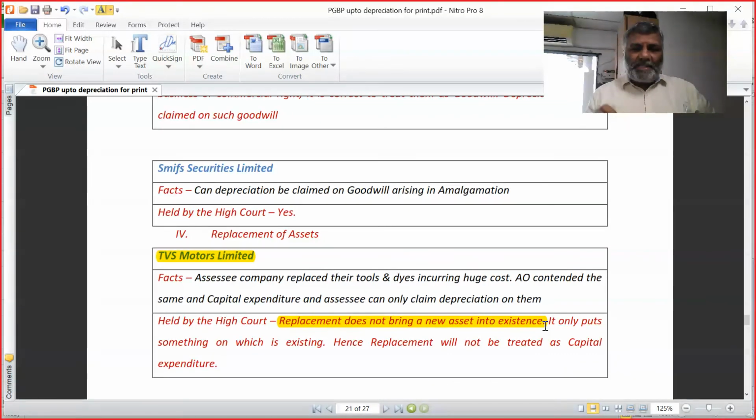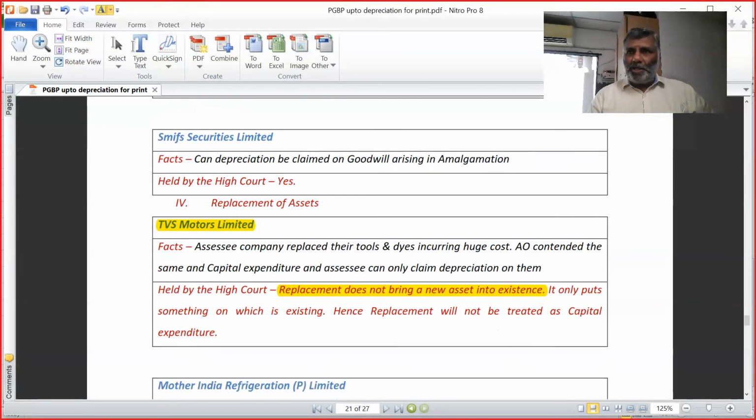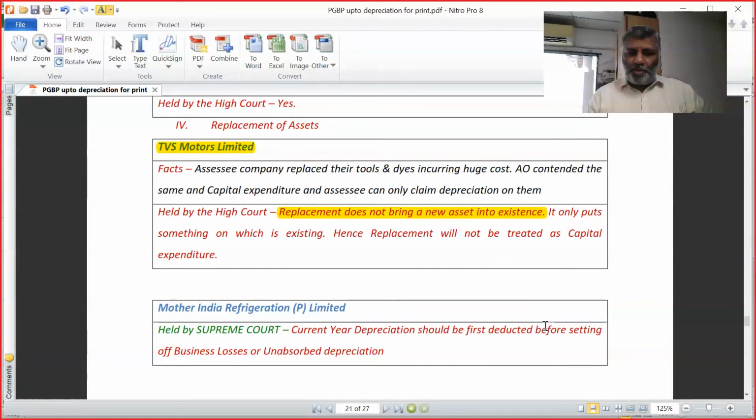In this case, tools and dies were remolded, and it is allowed as an expenditure. In accounts, we would look at whether the replacement will add to efficiency.